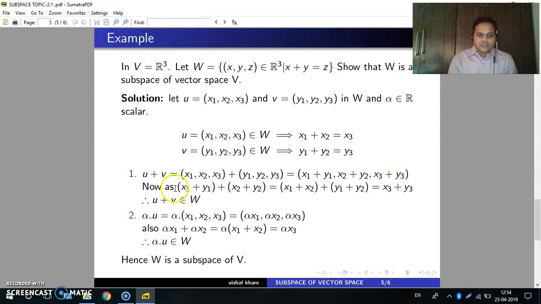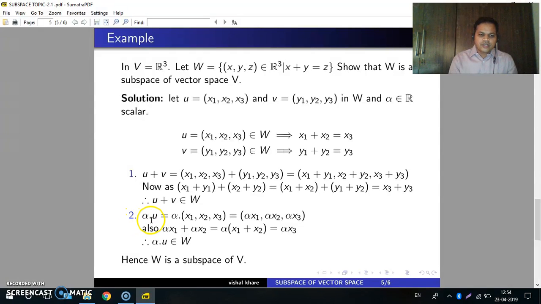Now x1 plus y1 plus x2 plus y2 can be written as x1 plus x2 plus y1 plus y2. Since x1 plus x2 is equal to x3 and y1 plus y2 is equal to y3, it is equal to x3 plus y3. Therefore u plus v belongs to W, meaning the first condition is satisfied.